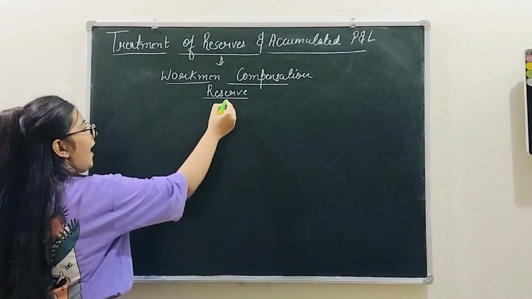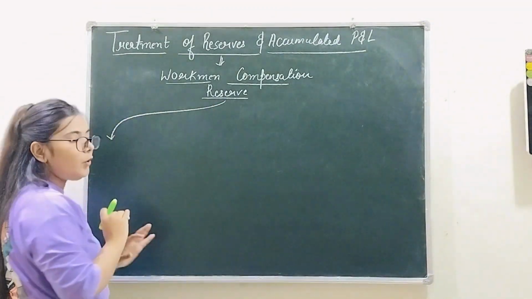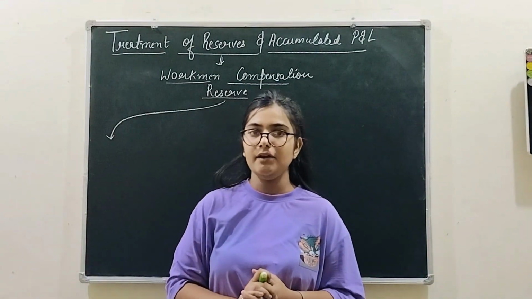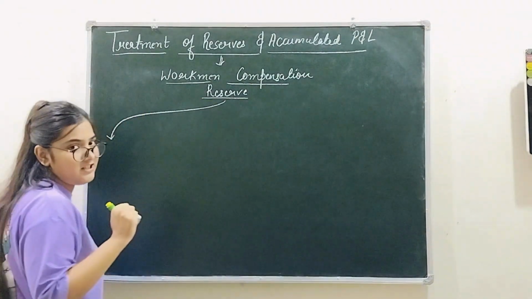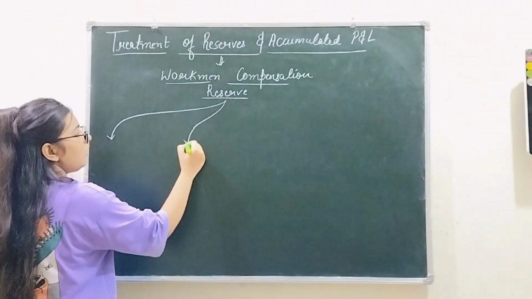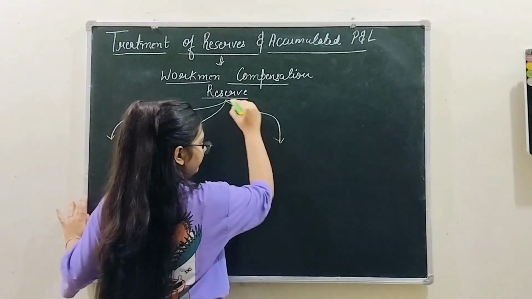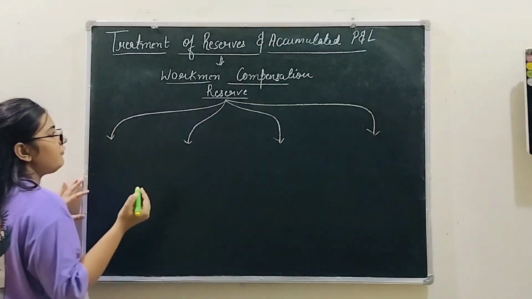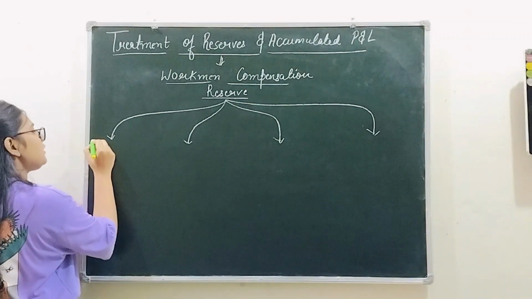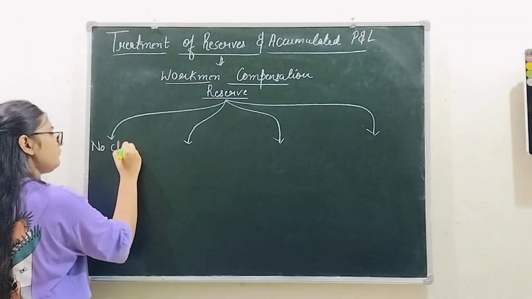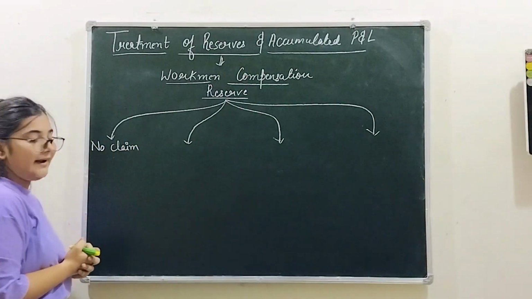So for this we have four situations. I am going to explain everything in a very detailed manner, so be with me and try to understand each and every concept. So there are four situations, right? First situation is when there is no claim, right?